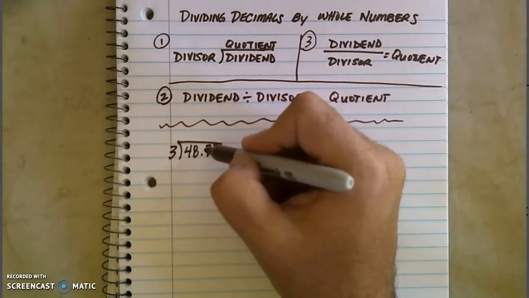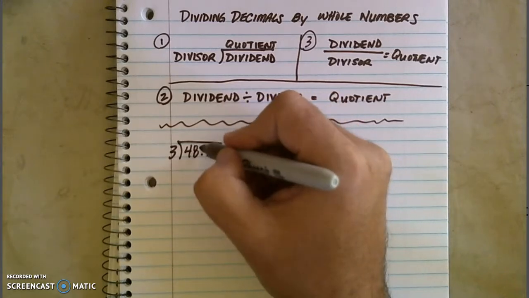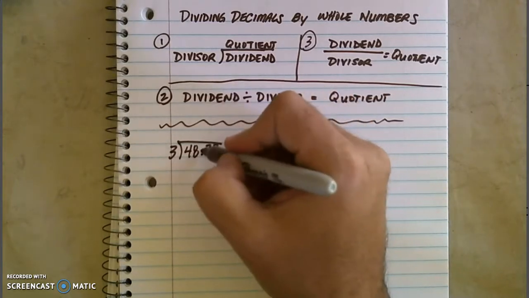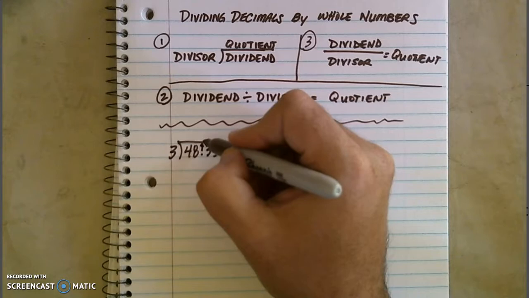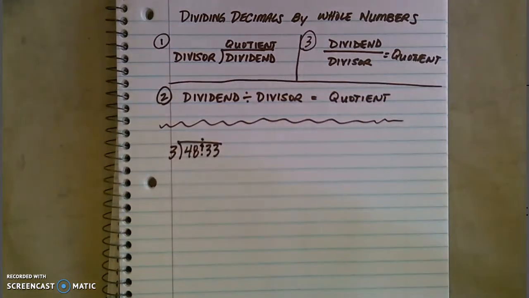So when we have our decimal point here, in our number 48 and 33/100ths, it's going to go straight up into our quotient. We want to make sure we bring it straight up and that we line up our numbers carefully. Because now that we have a decimal in our answer, the position of those numbers in the quotient is going to be extremely important, because if your decimal's in the wrong spot, it's a different number, and that would result in an incorrect answer.